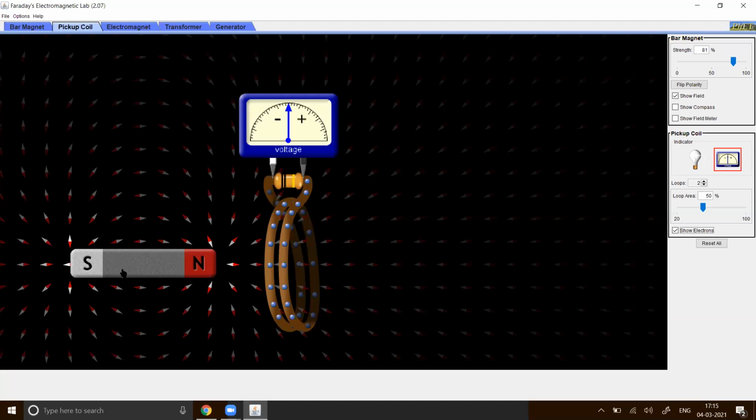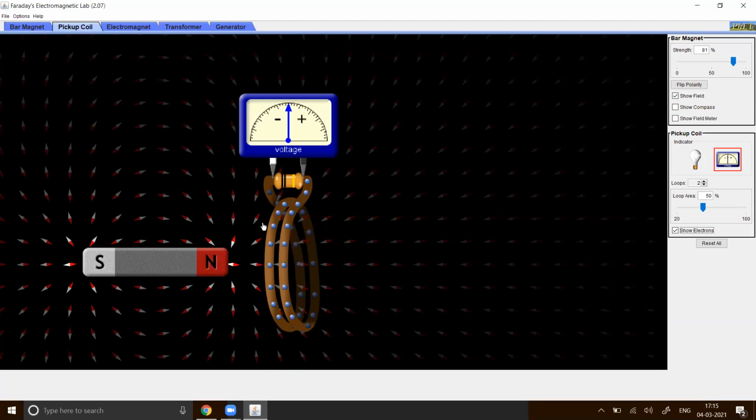And secondly, when I move the north pole close, if the electrons are moving in a particular direction, then if I move the same north pole away from it, the same electrons will start moving in the opposite direction. That is another observation, right? If that is the case, then what is the name of this coil? This is the coil which is picking up the magnetism. This is what is called the pickup coil. You are able to see here, pickup coil.